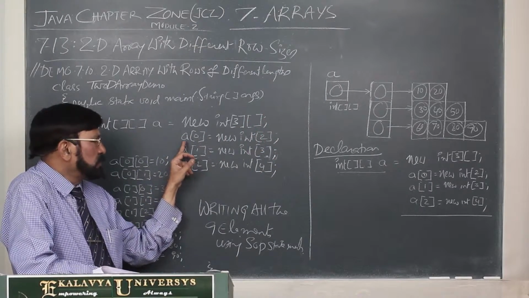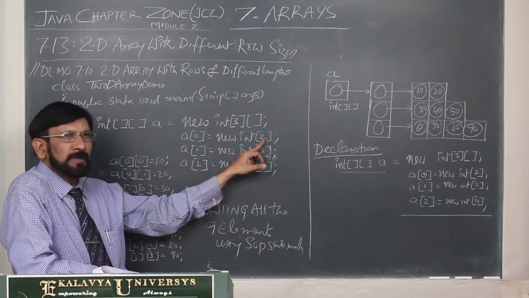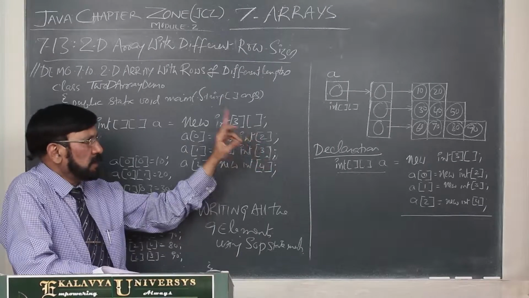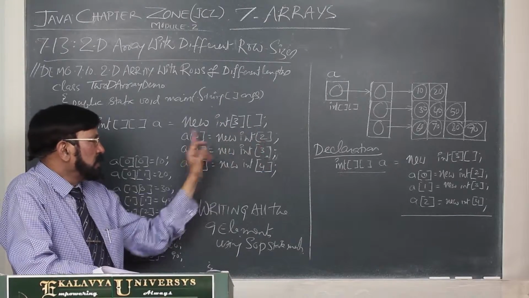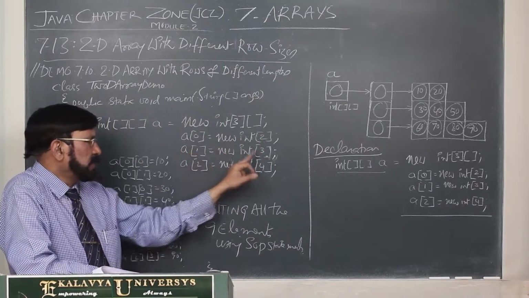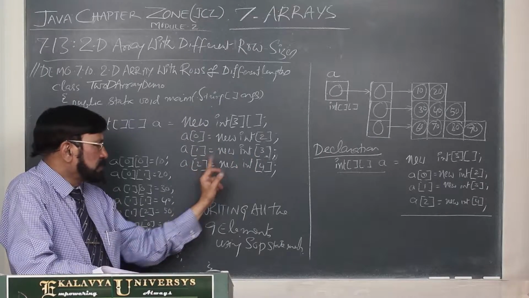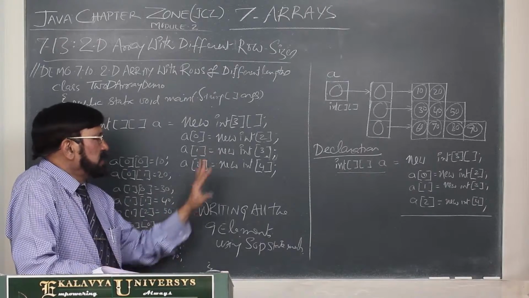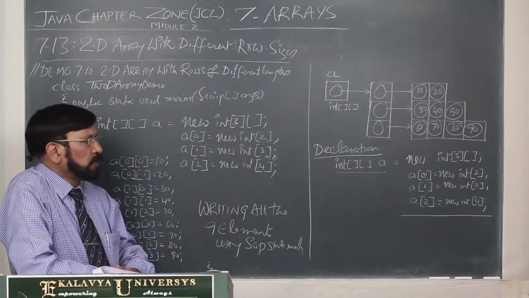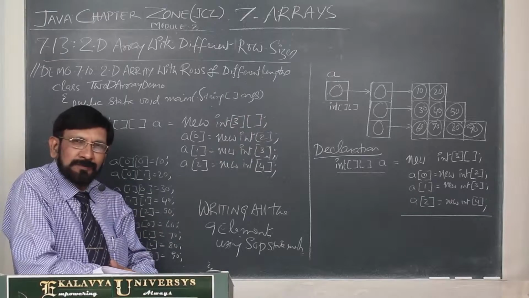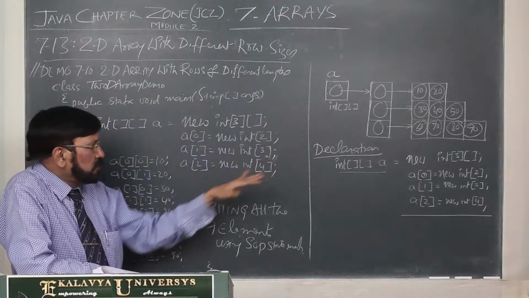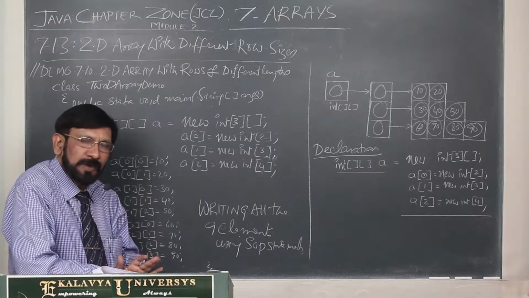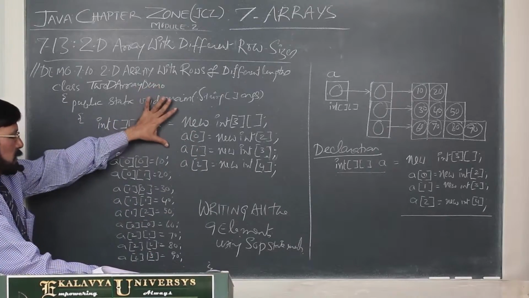Thereafter a0 is equal to new int[2]. So this value defines the number of columns. A0 has 2 columns, A1 has 3 columns, A2 has 4 columns. In this manner you have to define. With just 4 statements, the declaration part is over. Suppose there are 10 rows, individually you have to do it like this only. There is no other way.